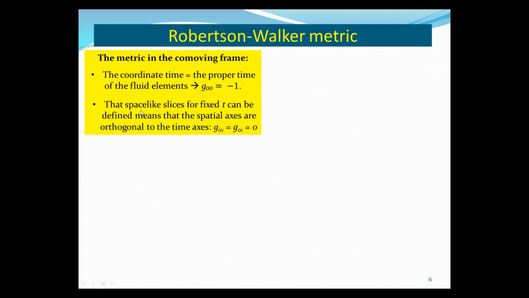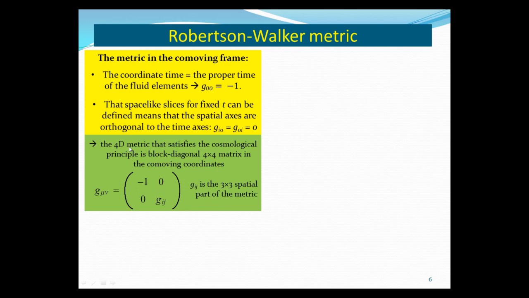And because we can talk about space for a given time, the space-like slices for fixed t can be defined. This means that the spatial axes and the time axis must be orthogonal, which means there is no cross term in the metric. So g_i0 and g_0i are 0.